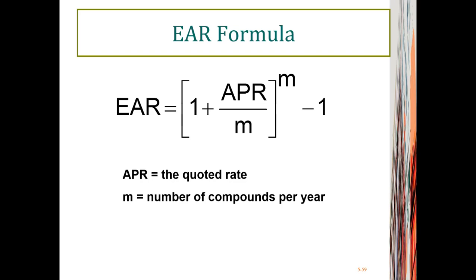So EAR would be higher if M is greater. M is the number of compounding periods in a year. If it's compounded on the daily basis, then M is 365. If it's compounded on a monthly basis, M is 12. If it's compounded on the quarterly basis, M would be 4.